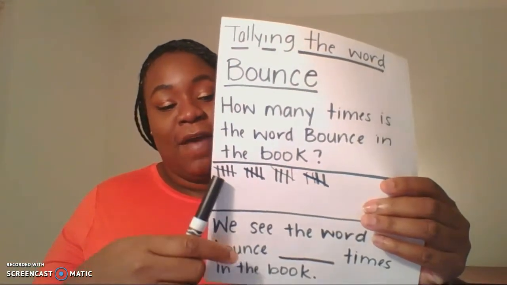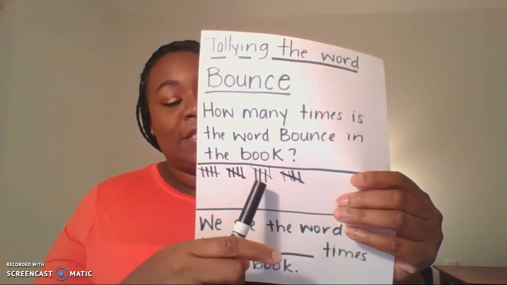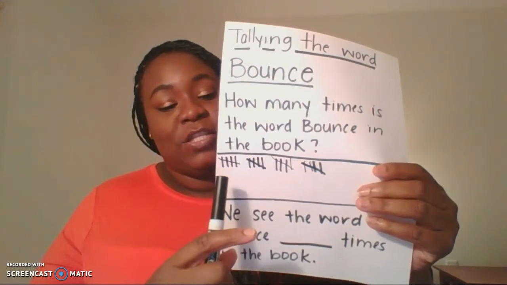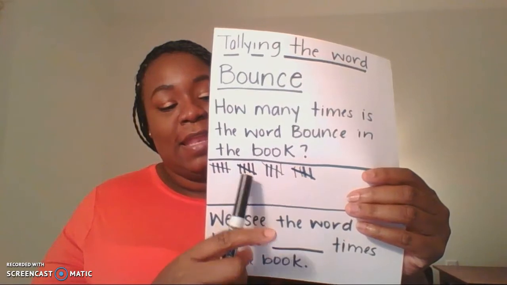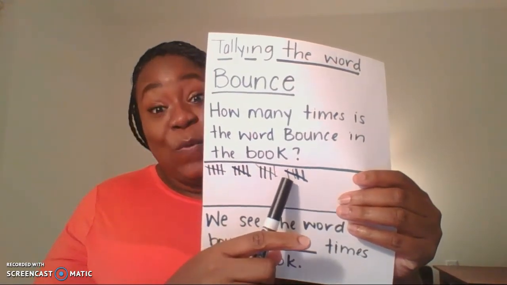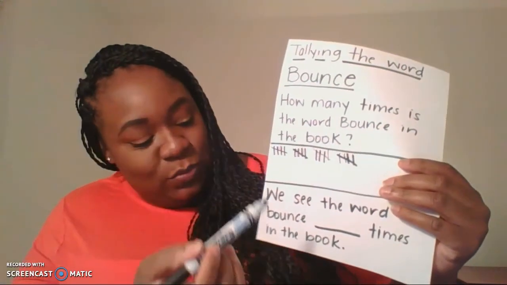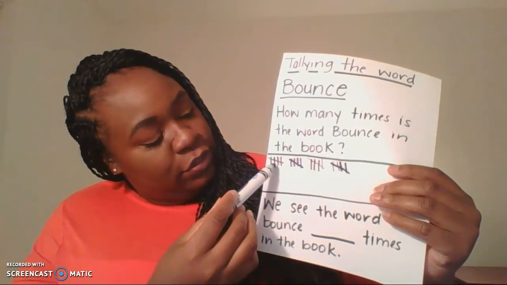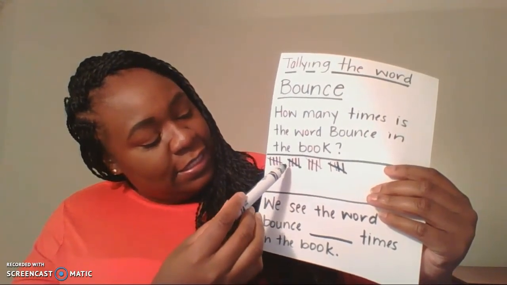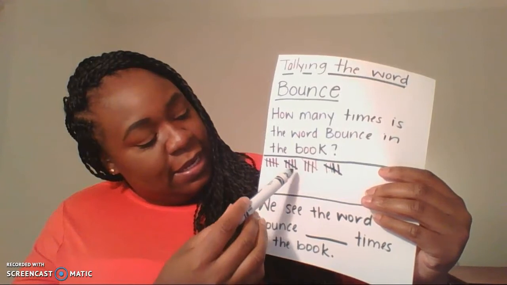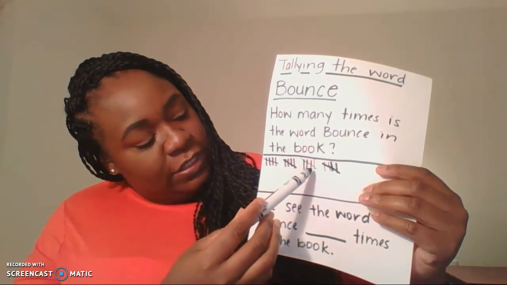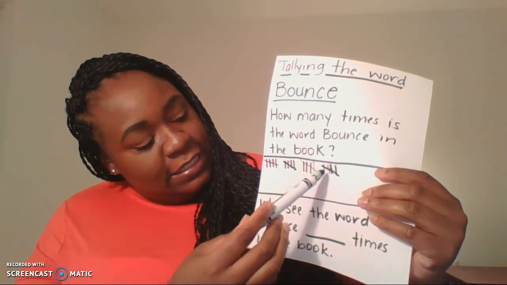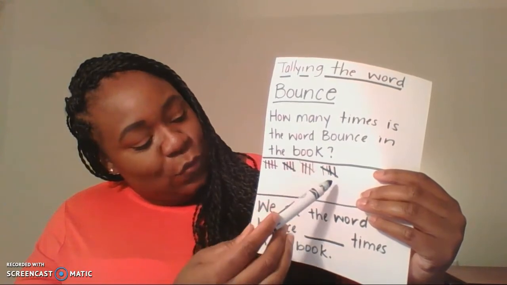So this is a set of 5, this is a set of 5, this is a set of 5, and this is a set of 5. So we have 5, 10, 15, 20. And if we count them individually, we can do that too. 1, 2, 3, 4, 5, 6, 7, 8, 9, 10, 11, 12, 13, 14, 15, 16, 17, 18, 19, 20.